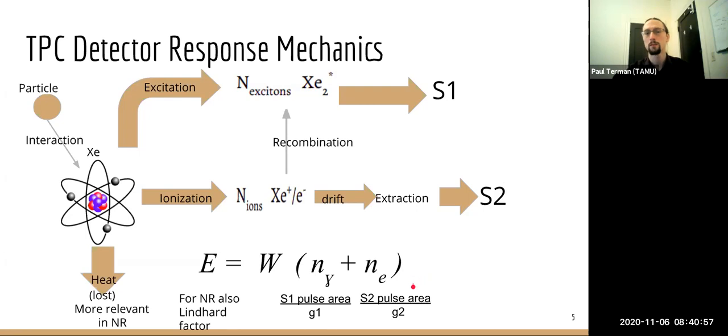Now, the important takeaway from this graph is that the energy reconstruction is a function of both properly tagging the S1 and the S2, because the gains that calibrate the energy output from S1 and S2 are very different. And it becomes very important to know the difference between those two things. There's also a component of energy that's lost to heat, but LUX is not sensitive to that, and it is somewhat negligible, especially in electron recoils, which is what we would be looking for in our LIP search.